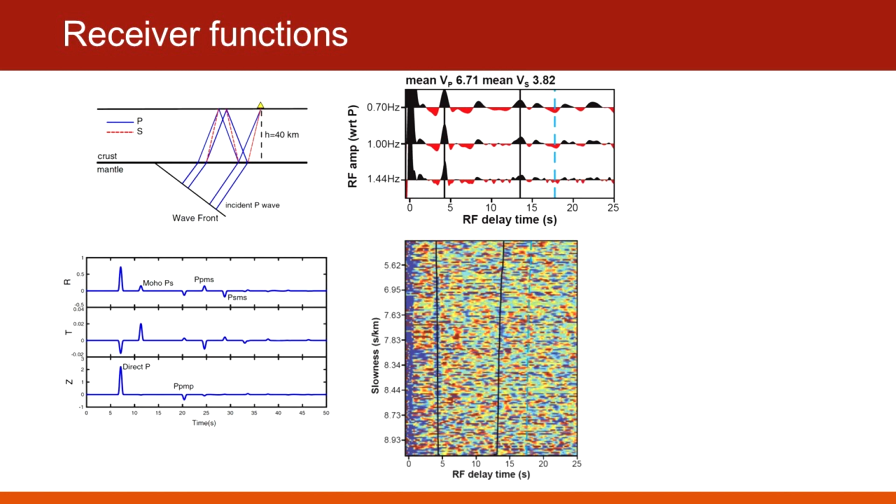For a single station, we can collect a lot of these so-called P-wave receiver functions. They come from different distances, or we can call them slownesses, so we can sort them and plot them, showing the Moho time and the multiple time. Remember, I was talking about the receiver functions having the information of P and S velocity and the Moho depth.